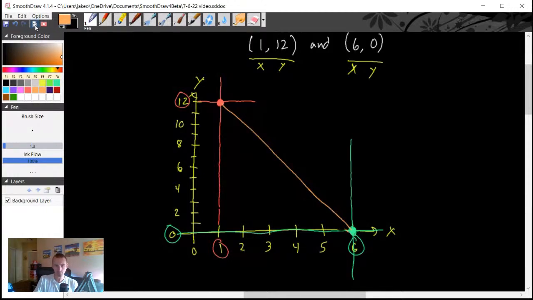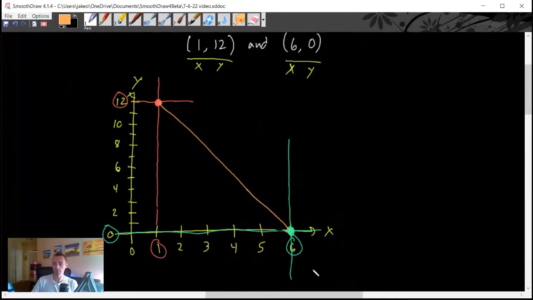So really, to do this type of problem where we're trying to find the distance between these 2 points, all we need to do is use the distance formula. There is a very convenient formula to find the distance between 2 points, which is this.